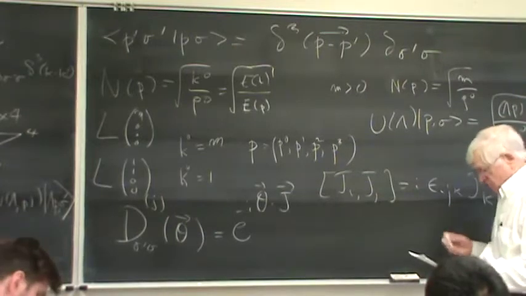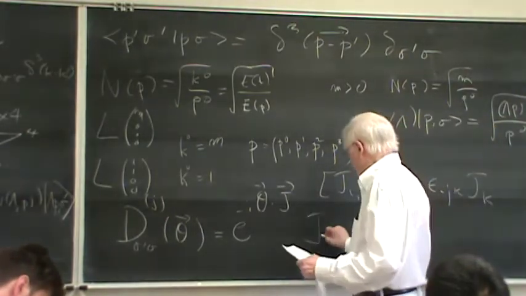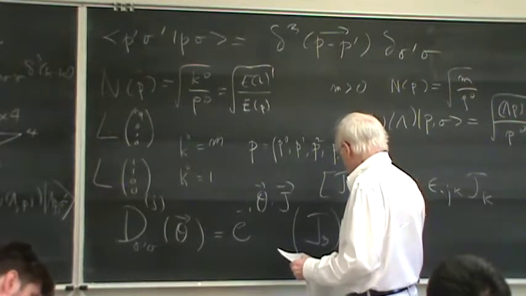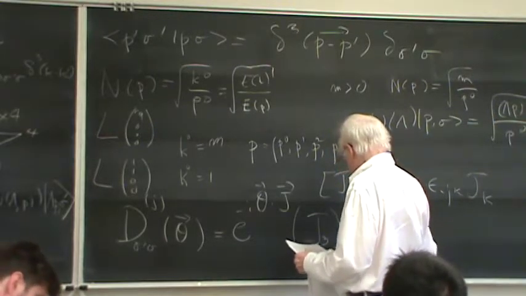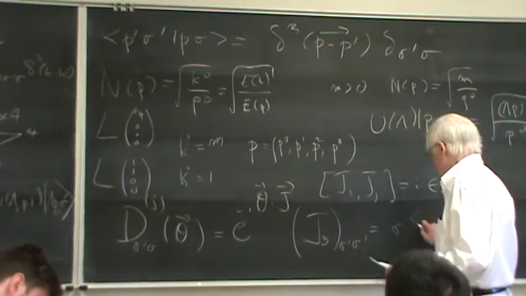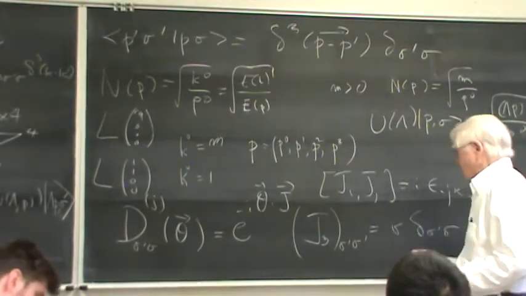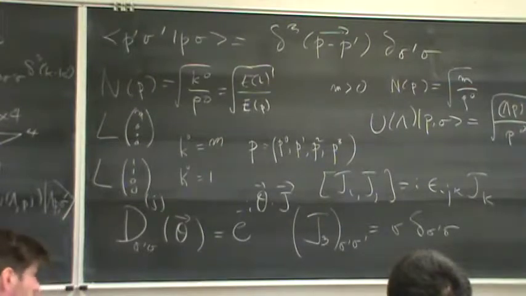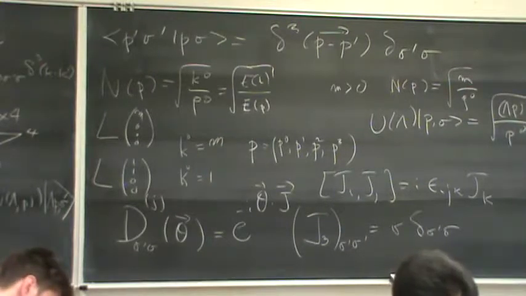This is the rotation group, and J3 is a square matrix. These matrices are all square, sigma prime sigma is sigma delta sigma prime sigma. So J3 is diagonal, is the way we usually do it.